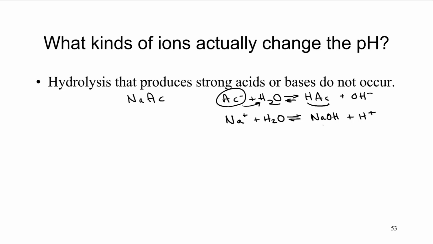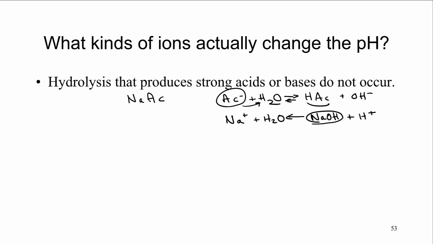This can't happen because sodium hydroxide likes being without its proton, right? And so it likes to dissociate and be as sodium and water. Sodium hydroxide is a strong base. When you think about this equilibrium, it's really all in this direction.